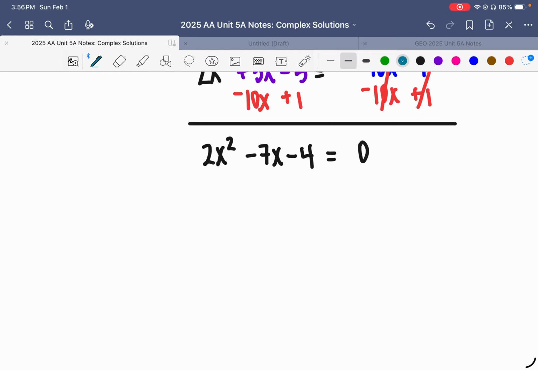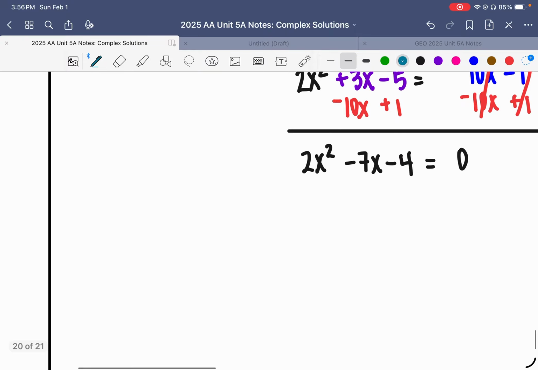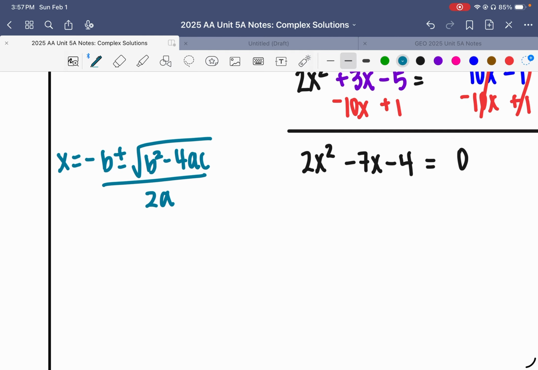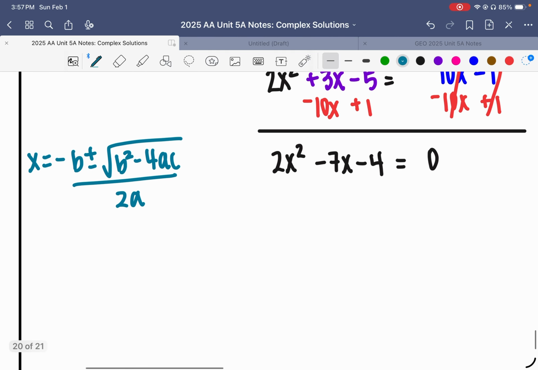Quadratic formula is this guy in blue. My A, my B, my C value, and I'm just going to plug them in where I see their letters in the formula.